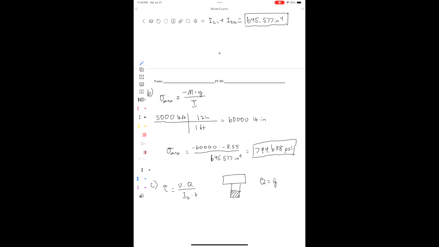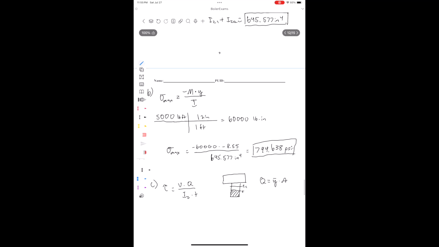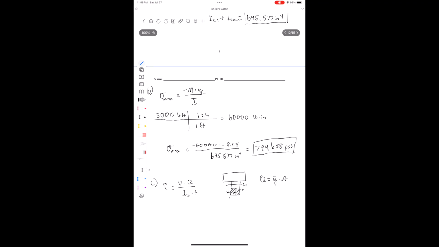Remember that the first moment of area is calculated by finding Y times A. So area is, of course, just going to be this shaded area here. That's at y equals 5. And the y is going to be the distance from the centroidal axis to the center of this shape, which is going to be 2.5 from the bottom.